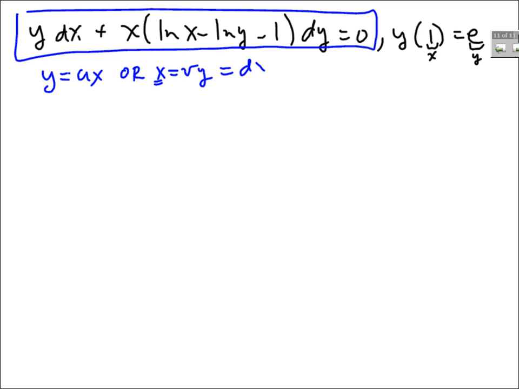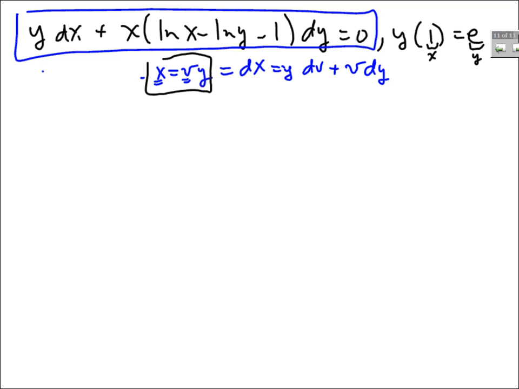The differential of x is dx equals the differential of the first times the second plus the first times the differential of the second. So we're going to use that substitution, which means this. I didn't mean to put that equal sign in the middle. This time we're changing x's.